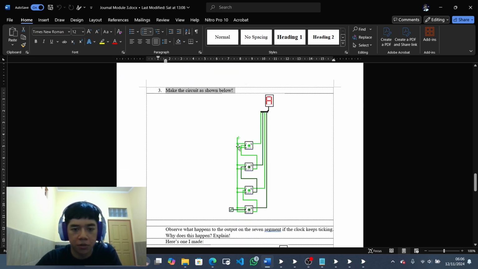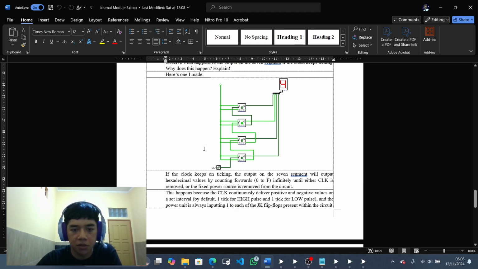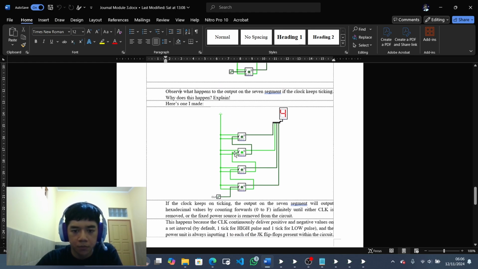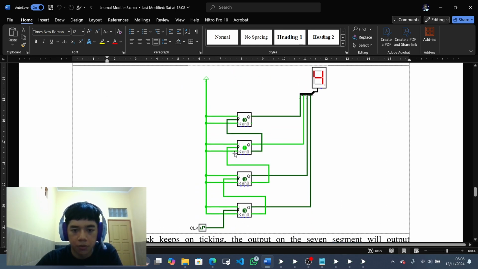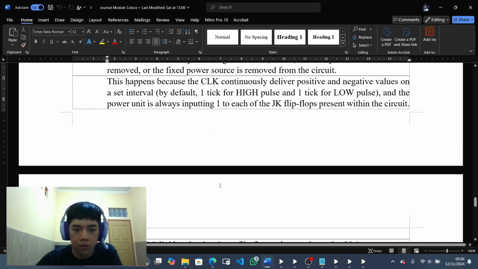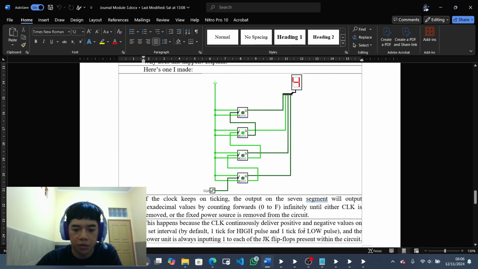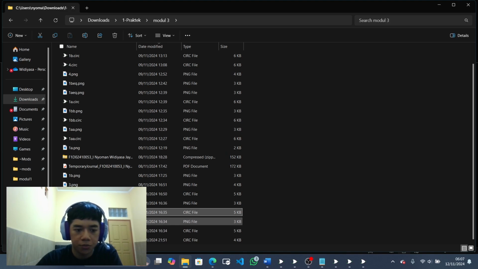Make the circuit as shown below. Observe what happens to the output on the 7 segments. The clock keeps ticking. Why does this happen? Okay. So the question gives us the task to construct this. And it's actually pretty simple.